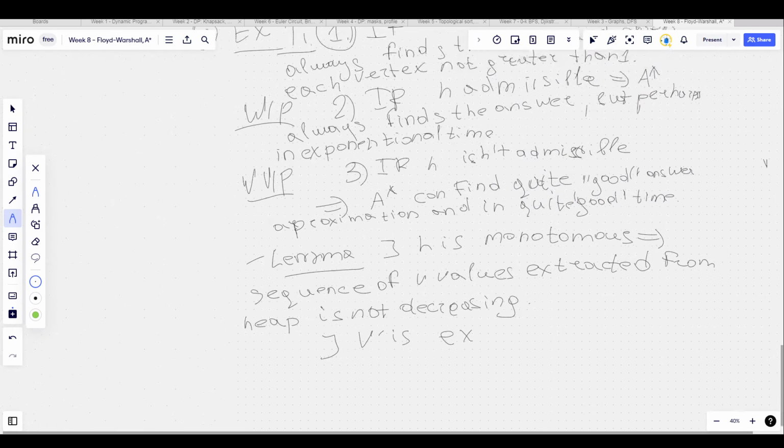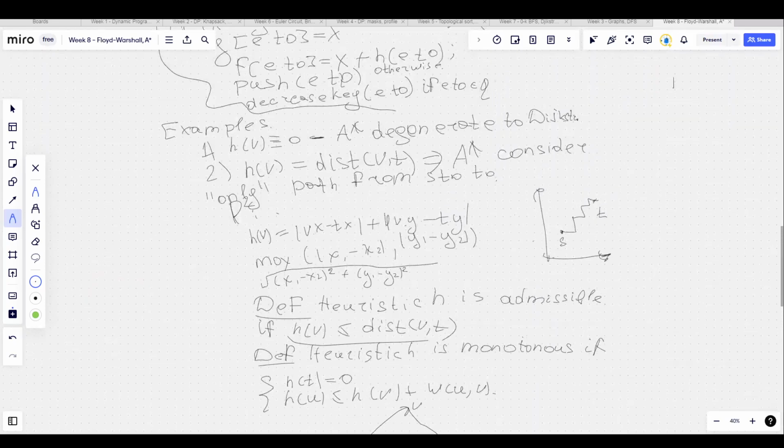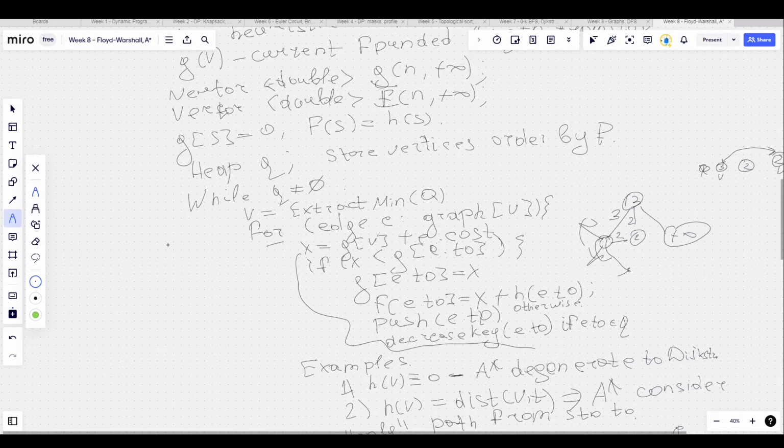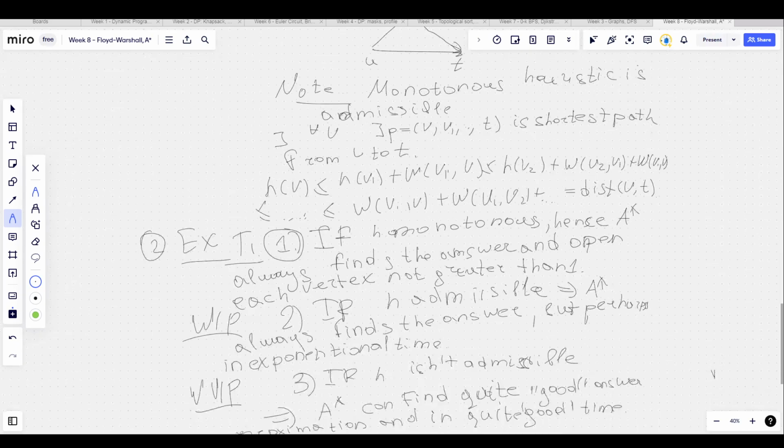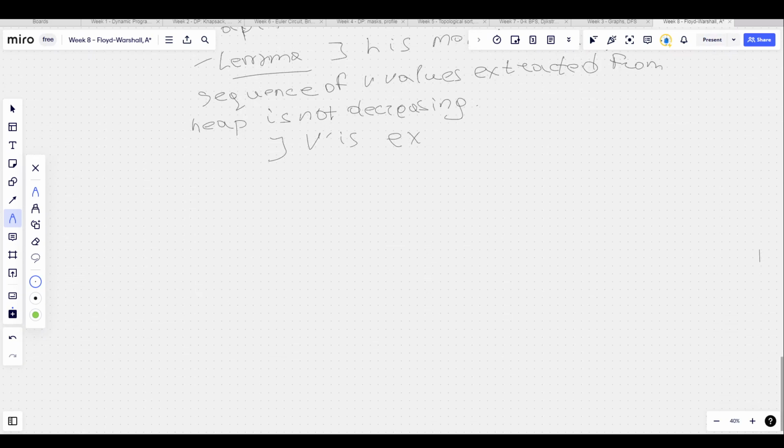In this cycle, you extracted some vertices, and let v be extracted from the heap. It means f(u) greater than f(v) for every u.